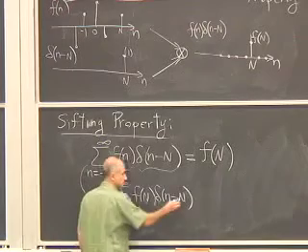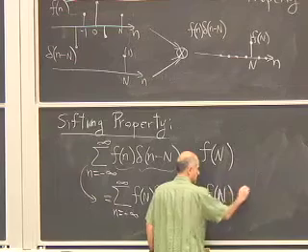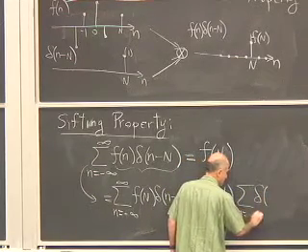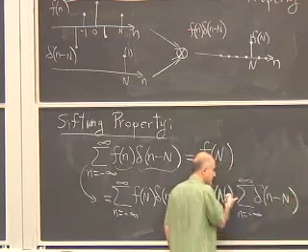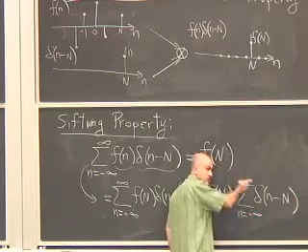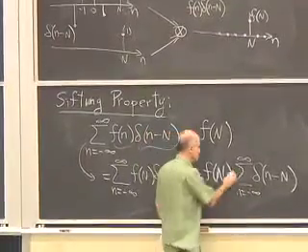So I can pull it out. So I have f of capital N times the summation from minus infinity to infinity of delta of n minus capital N. What happens when you sum an impulse over a range that includes where the impulse is non-zero? You get 1. This is 1.